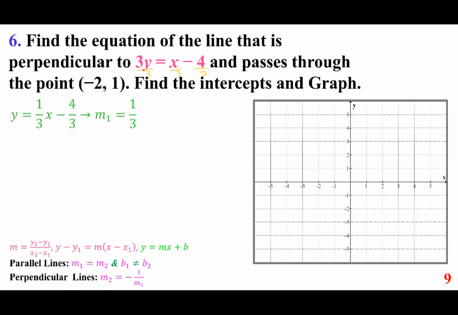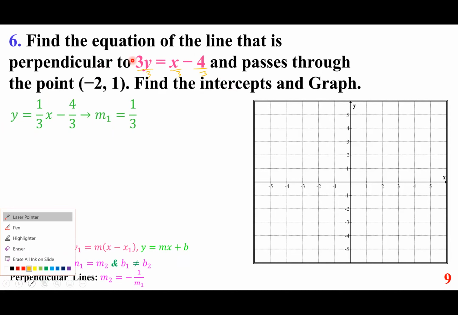the slope becomes 1/3. And the reason I'm going to call it m sub 1, I'm referring to the first line. This line, the slope is 1/3. You can call it just m. So if I wanted a line parallel to it, the slope would be the same. But I want a line that is perpendicular to it.